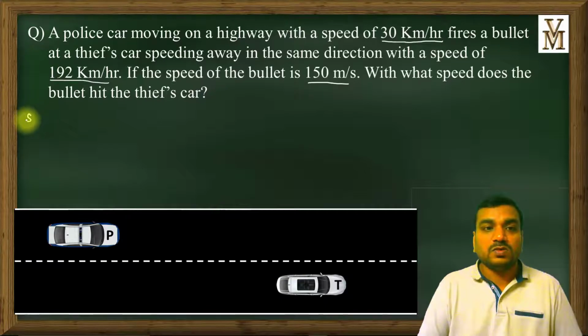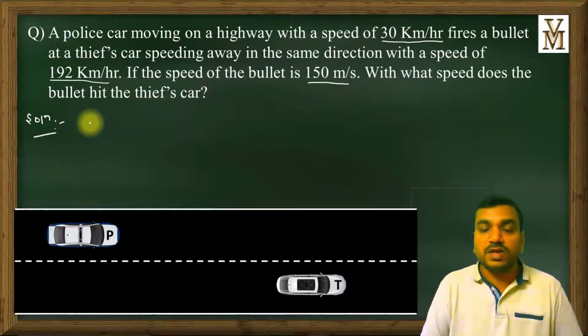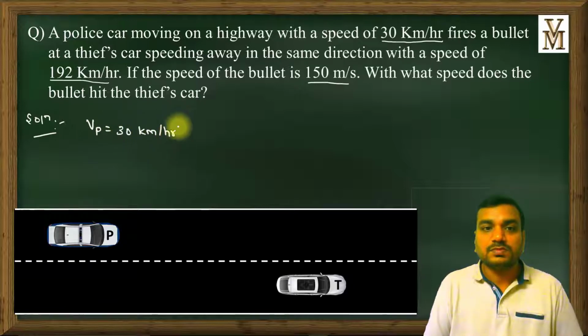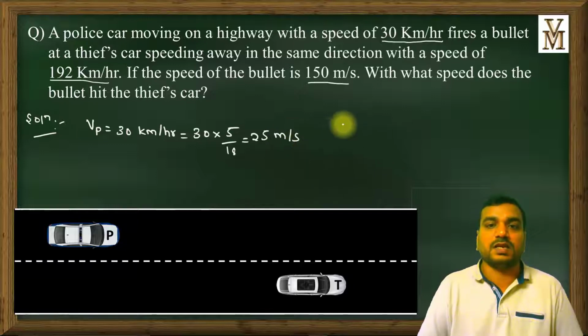Now first let us write the things given. First, the speed of the police car, I will write it as Vp, and it is given as 30 km per hour. If I convert this into meter per second, I get 30 into 5 by 18, which is almost equal to 25 meter per second.